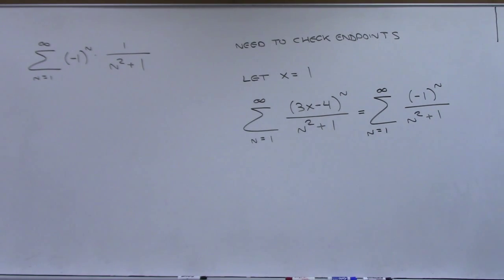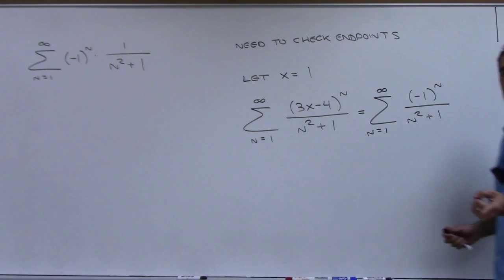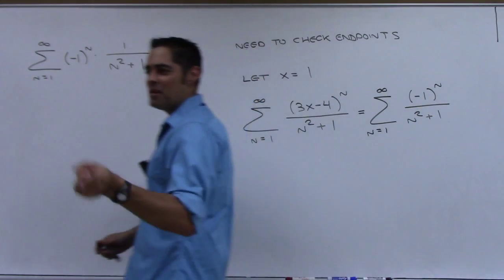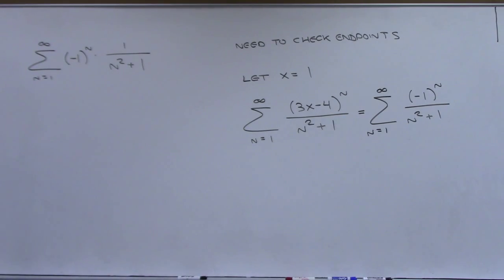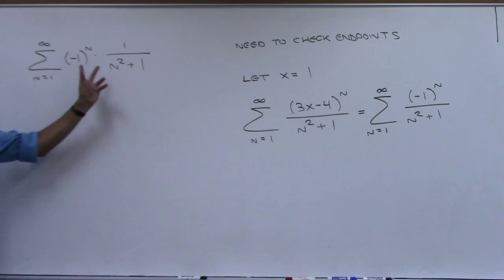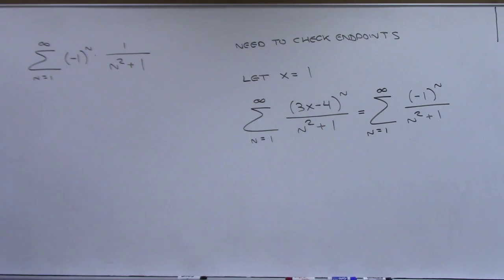Solve it? Okay, so what are you using there? You're doing the right thing, but what is it called? Alternating series test. Would you like to try the alternating series test here? It's an alternating series, so maybe the alternating series test.